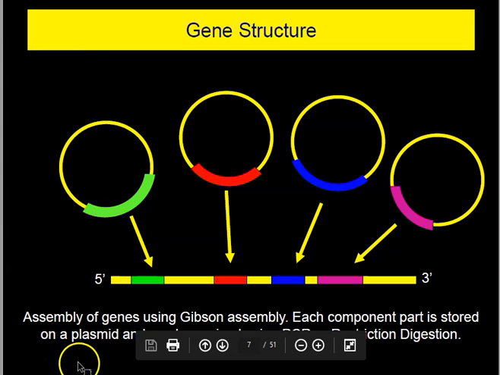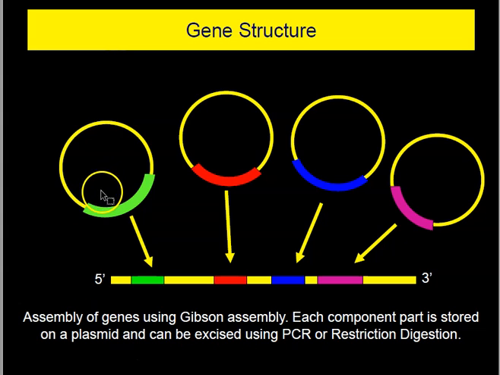Now, genes can be assembled using something known as Gibson assembly. So in Gibson assembly, we basically combine genes using a polymerase chain reaction. Now, I have depicted these genes on plasmids. So the genes are generally stored on plasmids as PCR products tend to degrade in cultures.